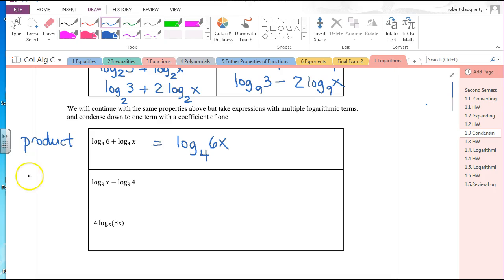So here I'll use the quotient rule. This is going to be the log base 9 of x over 4.